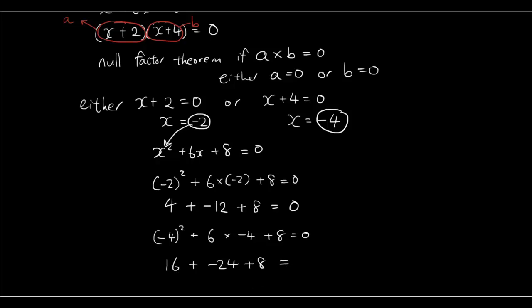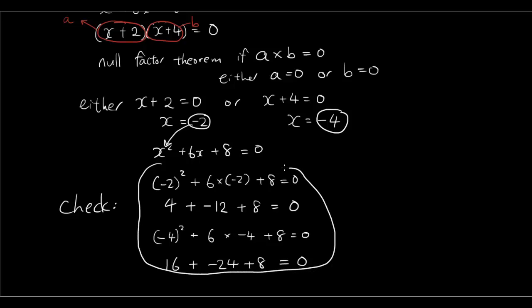And 16 plus 8 is 24, minus 24 is 0 again. So this is the check that we have just done. The checking also proves that the answers are x equals negative 2 or x equals negative 4. Both of these are correct answers.